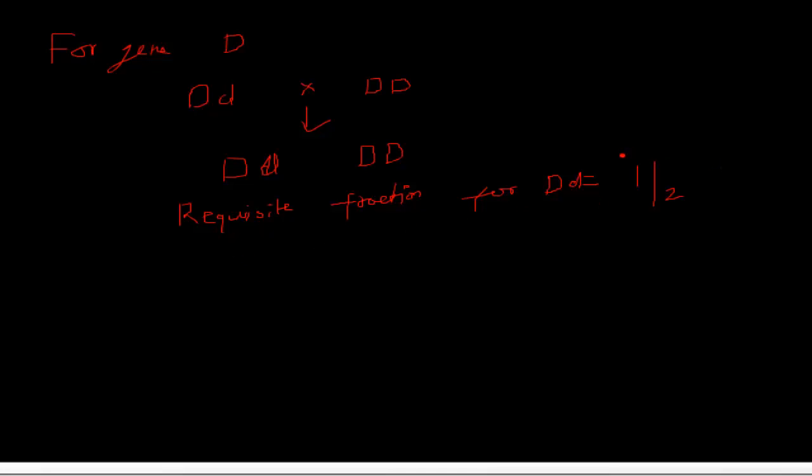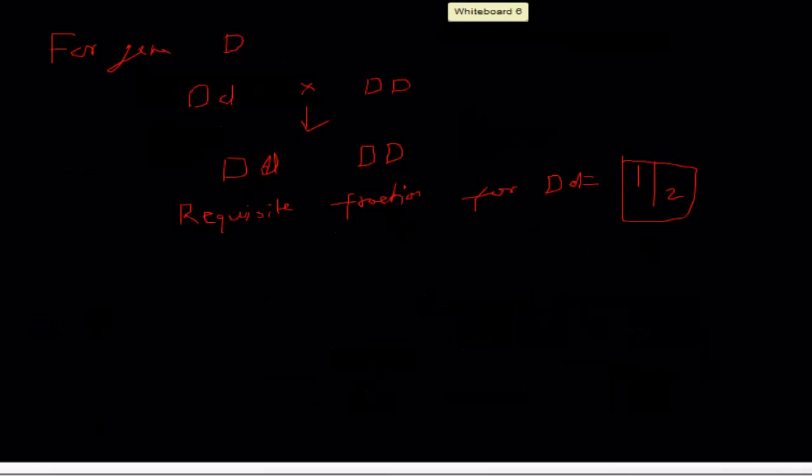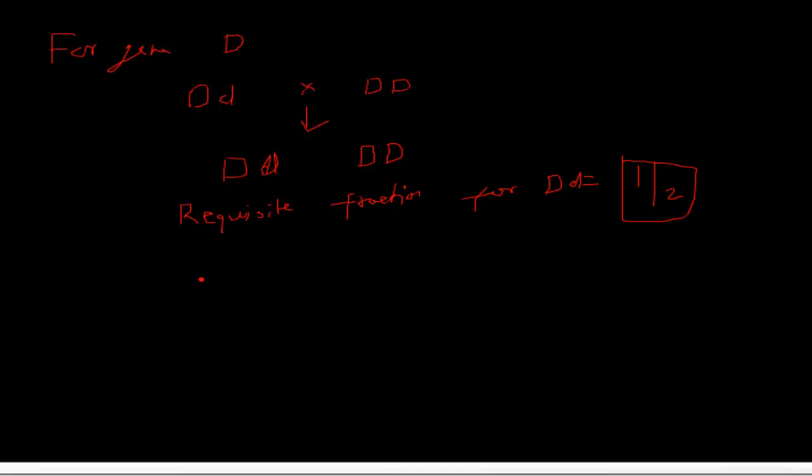So if you multiply all those fractions, we will get the requisite fraction. So let's do it. For A we got 1 by 4, 1 by 2, 1 by 2, and for the last one we also get 1 by 2.